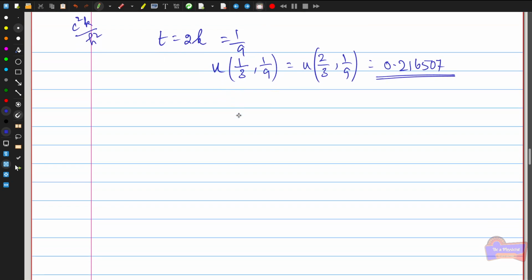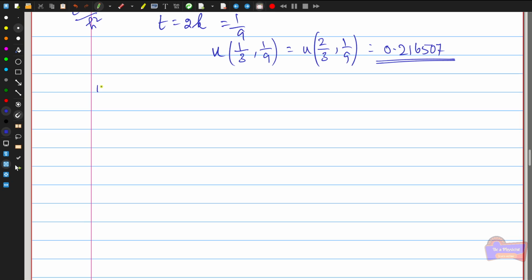In a similar way, we can calculate the second section, that means the second point, where lambda is equal to 1 by 4, and we have to do it for the 4 time steps. That is for j equal to 0, 1, 2 and 3. For those values, you have to find the values for each and every j value, and for i equal to 1 and 2.